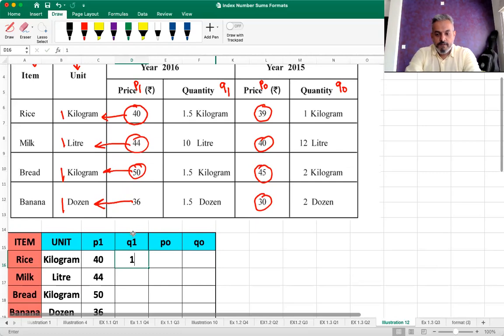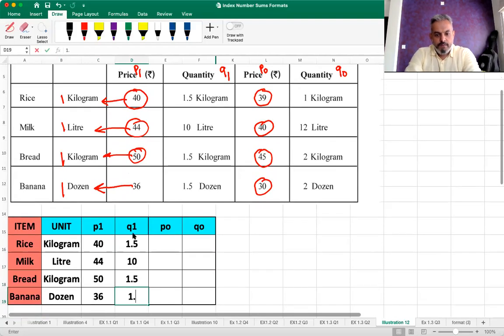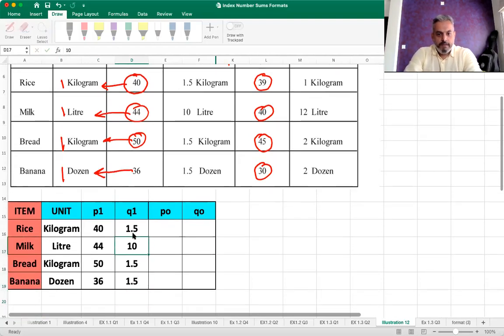Q1 is 1.5. You can write 1.5 kg or just 1.5 is fine. 10, 1.5, 1.5. P0, price of base year, 39, 40, 45, 30. 1 kg, 12 liter, 2 kg, 2 dozen.